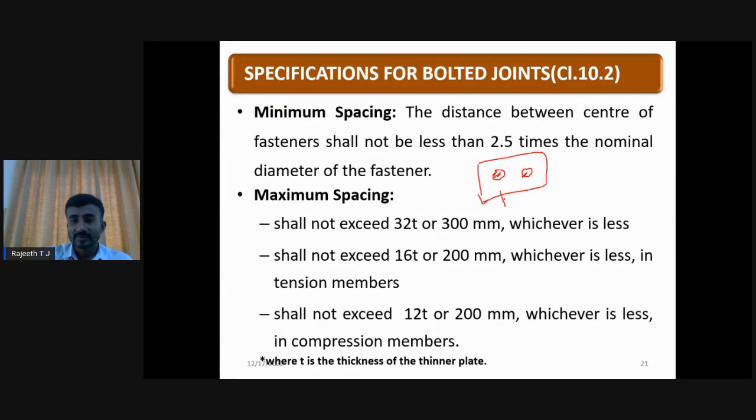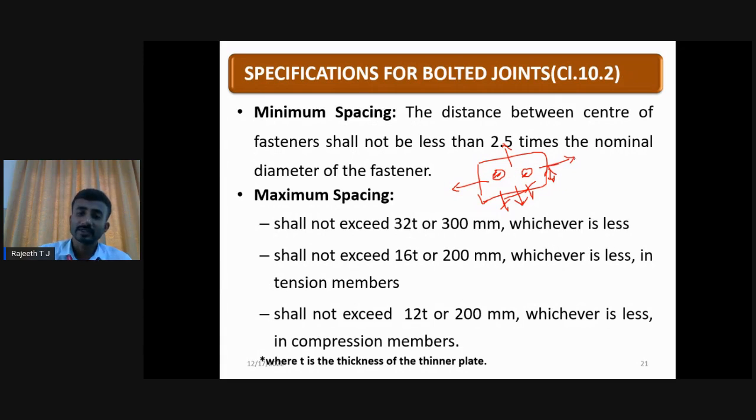The distance between these two bolts, according to the code, has a minimum value we should provide here. Why? Because the strength of the joint depends on the distance between the bolts parallel to the direction of the load and perpendicular to the direction of the load. So we need to decide the edge distance, the end distance, and also the pitch between the bolts, nothing but the distance between two consecutive bolts.